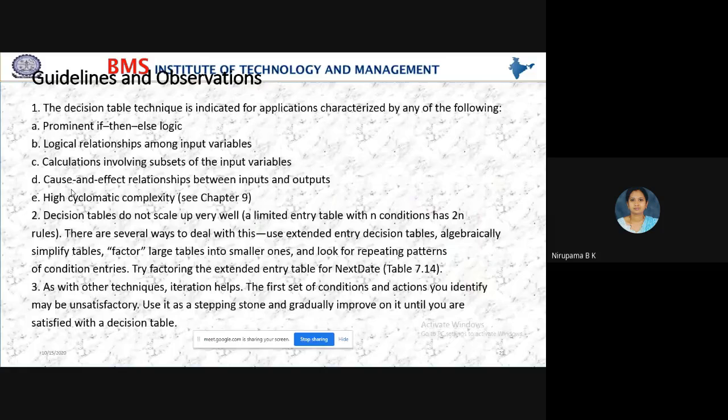Okay, students, we have some guidelines and observations for the decision table.